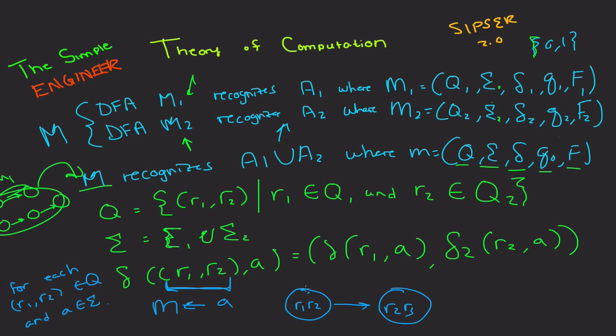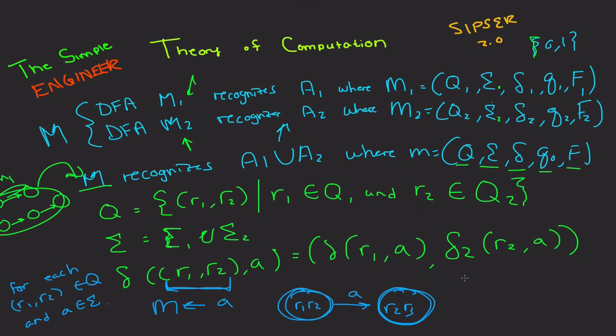So this is a state right here. It's going to take in some input symbol A. And what this means is it gets a state from M, which is a pair of states. So the output is just another state here. That's what this means. So it looks confusing, but that's how we're representing the transition from state to state.